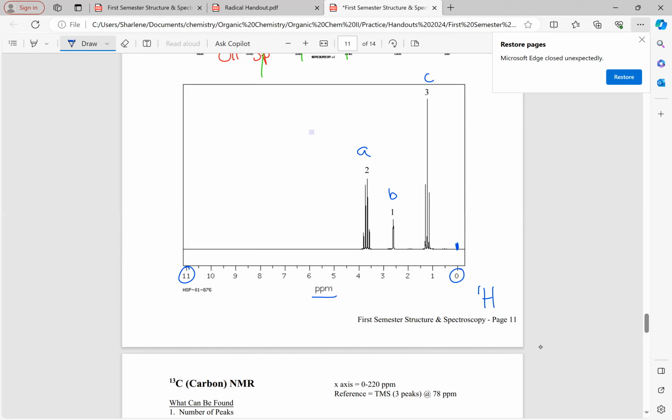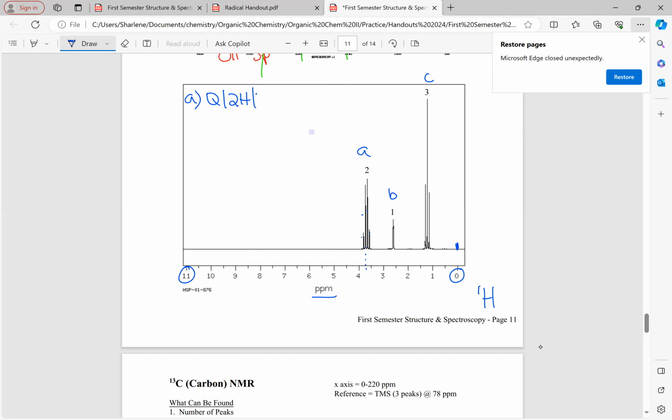And then either right above those or over to the side, you're going to tell me what it is. A is a 1, 2, 3, 4. So that is a quartet that integrates for two hydrogens, and it is found in the center, so roughly, I don't know, we'll say 3.7 ppm.